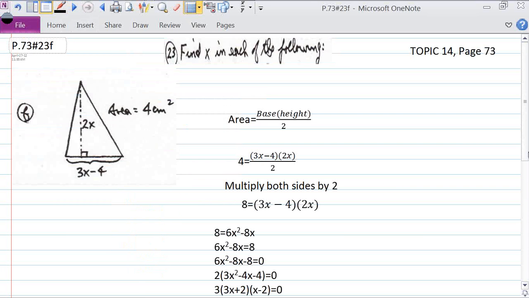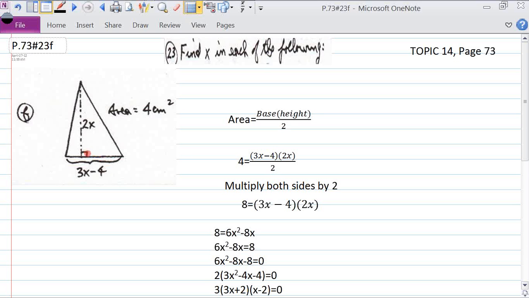The last problem that we're going to do here on page 73, we're given this triangle. And just to remind you, this is 90 degrees, so we call this the height or the altitude of the triangle, and this is the base. This represents the base right here, and this represents the altitude.